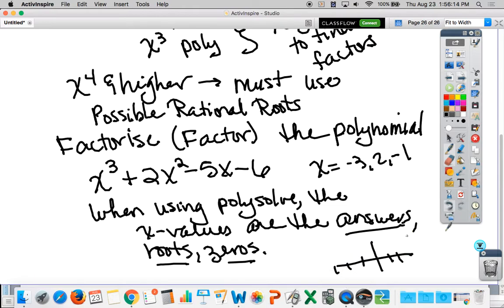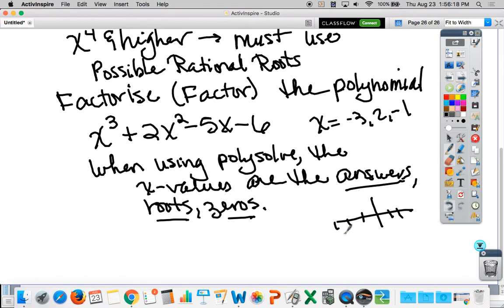So it's looking something like this. It's going to come up through -3. It's going to go through -1. And it's going to come up through 2. So these points right here are your x-intercepts, your answers, your roots, your zeros, but they are not your factors.